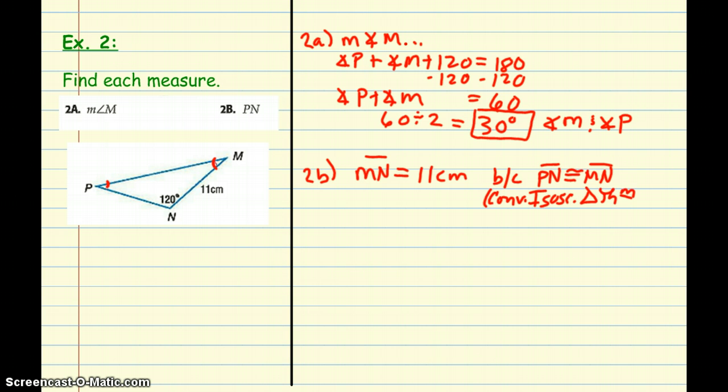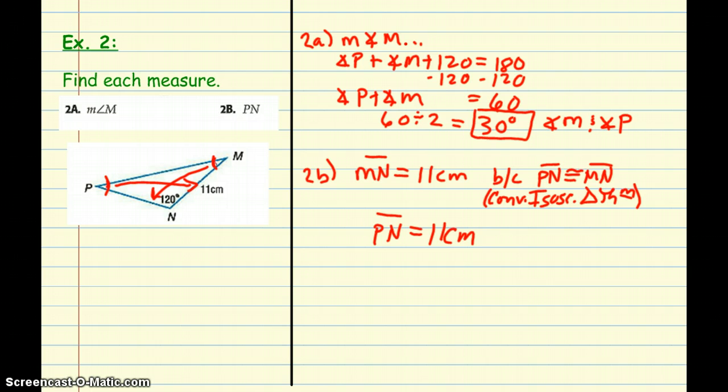So from here, that must mean that the measure of PN is also equal to 11 centimeters. Again, because these angles are congruent, we know their opposite sides are also going to be congruent. Okay, let's move on to the last example.